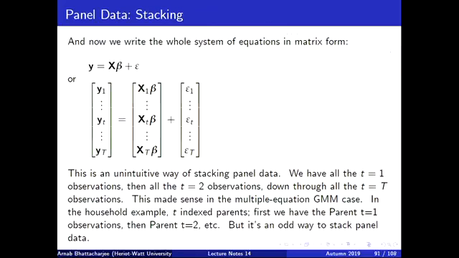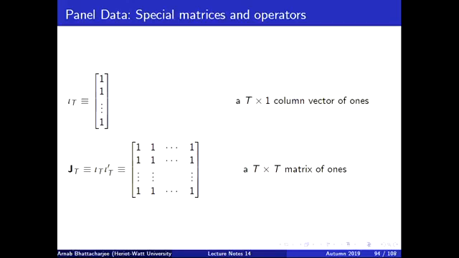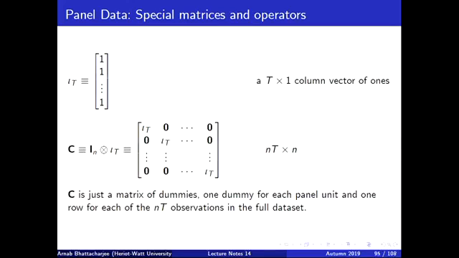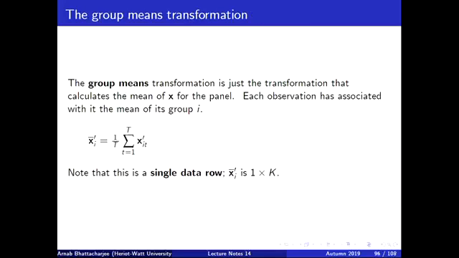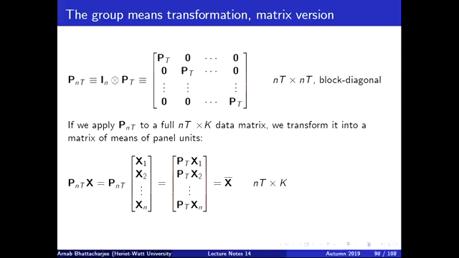Step to step it is very simple, but there's a lot of detail here. Your JT matrix is defined here, and so on and so forth. And then how you write down the group means transformation in terms of matrices. If you are programming, then you will need those things. But that is a detail that I did not want to cover in the lectures.